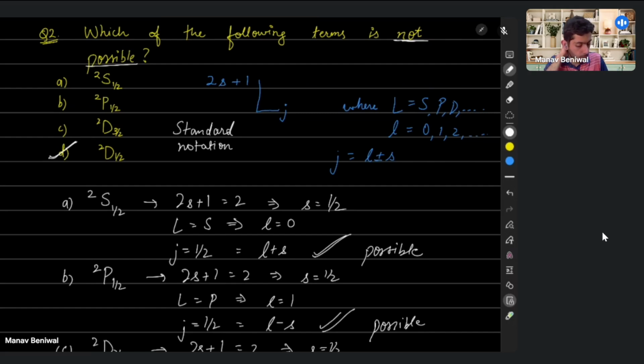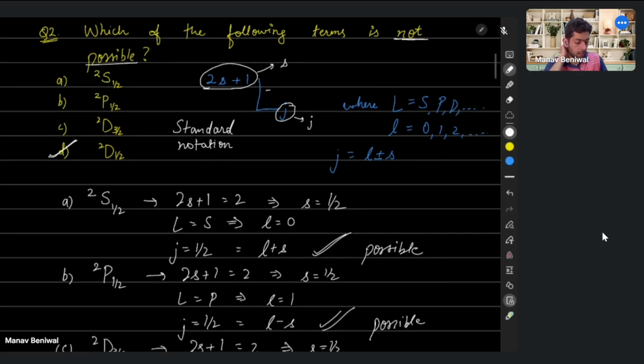The superscript gives us the value of small s. The subscript gives us the value of small j, and this alphabet L gives us the value of small l. And then we can check if l plus or minus s is equal to J or not. So this is how we solve this problem.